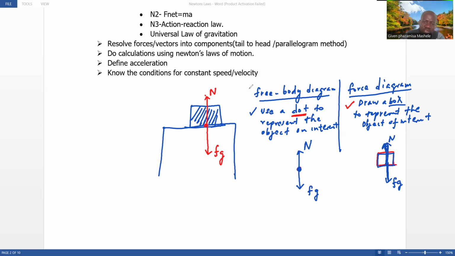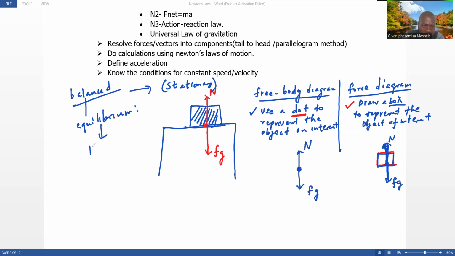And remember, I said these forces are balanced because the object is stationary. Objects that are balanced are in equilibrium, which we're going to talk about, and systems in equilibrium have a net force of 0. Since these are balanced but not in the same direction, one is upward and one is downward, the net is going to be the normal minus FG.